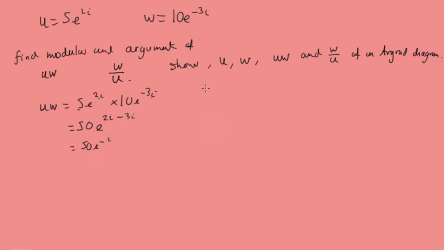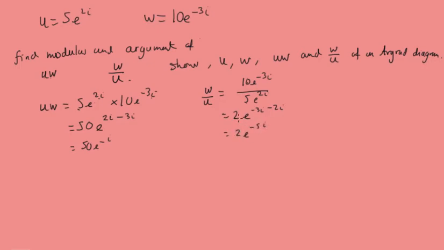Now w over u is going to be 10e to the minus 3i over 5e to the 2i, which comes out 10 divided by 5 is 2. Then we're going to have minus 3i minus 2i. So it's going to be 2e to the minus 5i.